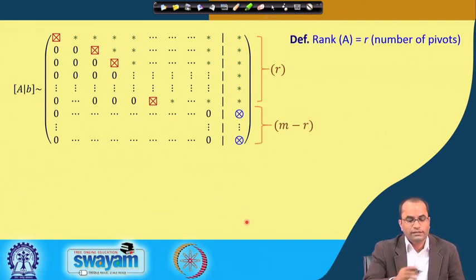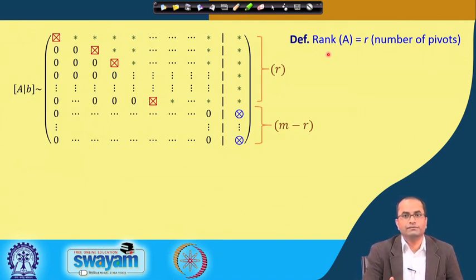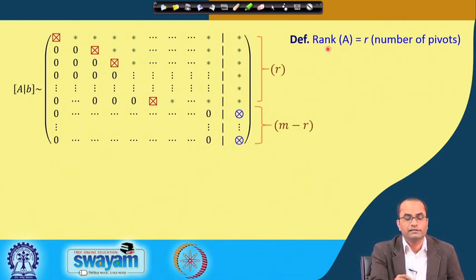So, having this, let me just introduce one definition, though again we will be talking more about this rank, because this is not the only definition for rank. There are many other definitions, but this is one of them: the rank of a matrix is defined as the number of the pivots.